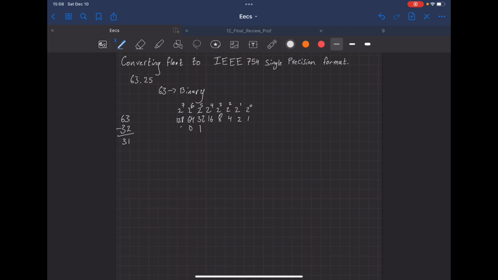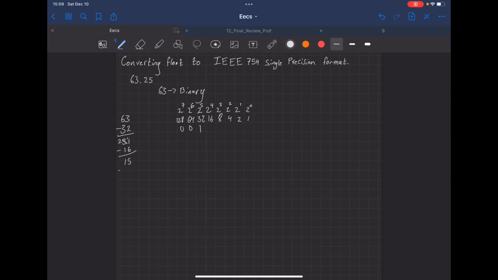We put zeros for the larger powers because those don't fit. Next, 31: 16 goes into 31, so we subtract and are left with 15.